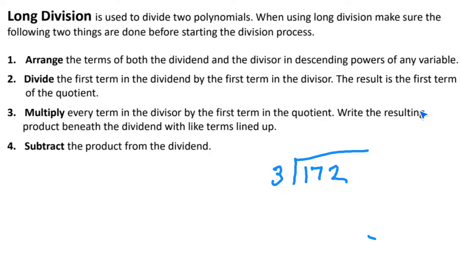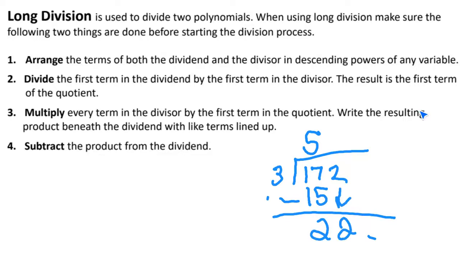We say 5, right? And then what do we do with the 5 and the 3? We multiply 5 times 3, so we get 15. Our next step is we subtract, and when we subtract here, we get a 2. Then our next number, we bring it down, and we follow the same process, right? How many times does 3 go into 22? That would be 7. And then we continue doing the process.